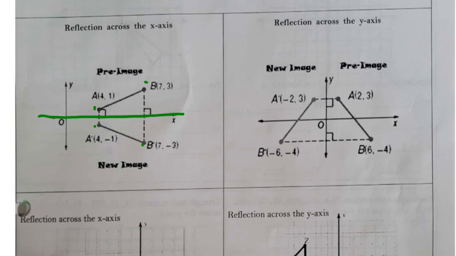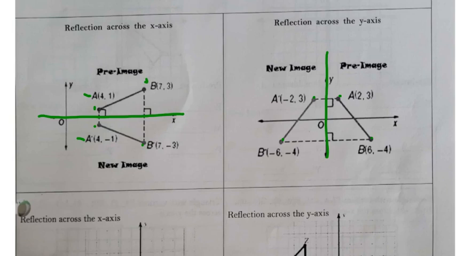On the y-axis, well, we're folding across the y. So this point matches this one, and this one matches that one. Just notice what happens to the signs. 4, 1 becomes 4, negative 1, because they're both 1 away from the axis. 7, 3, 7, negative 3.